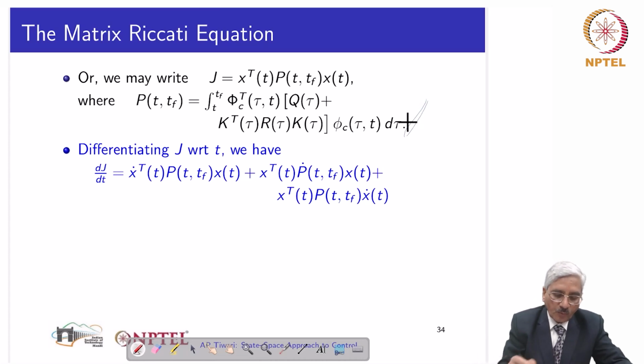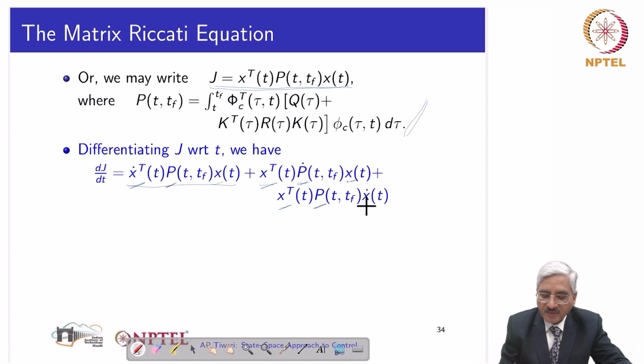To obtain that, we first differentiate this expression, this J, with respect to time, of course initial time. So x transpose Px gives x dot transpose Px plus x transpose P dot x plus x transpose P x dot. This is by the chain rule. We get the derivative of this as this.